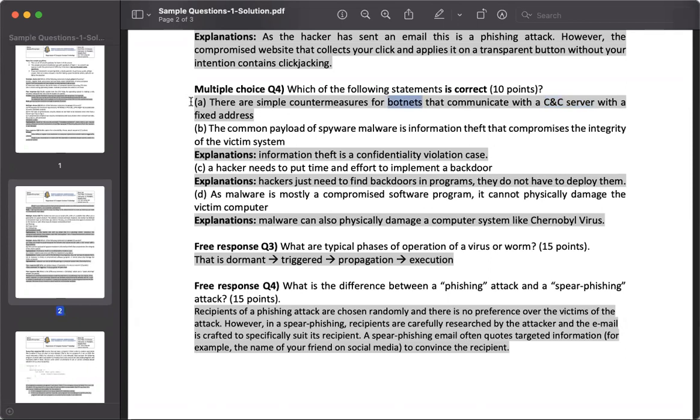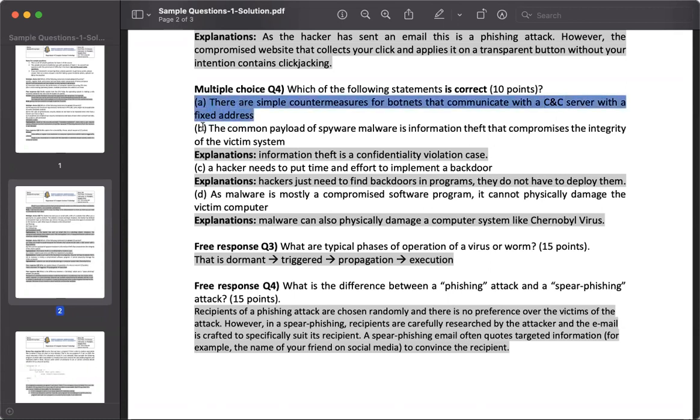So we talked about it, and we said that's why CNC servers use naming services in order to change their addresses. They don't use a fixed address because they know if their address is revealed by the protectors or defenders, they can easily kill the whole system. Because of that, the CNC servers use names, policies, and name procedures to change their names and change their IPs. So that item A is correct.